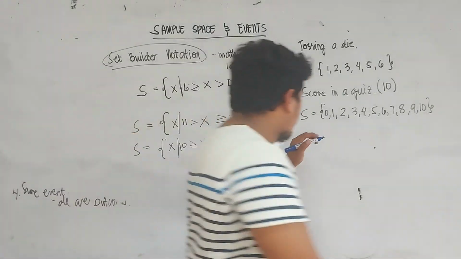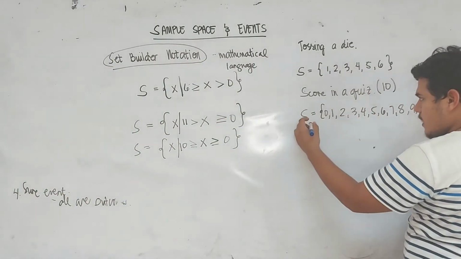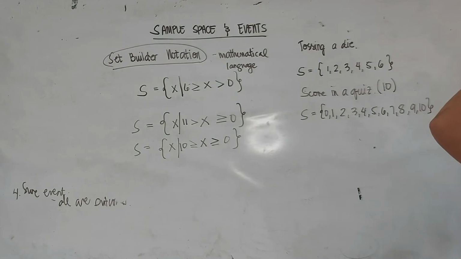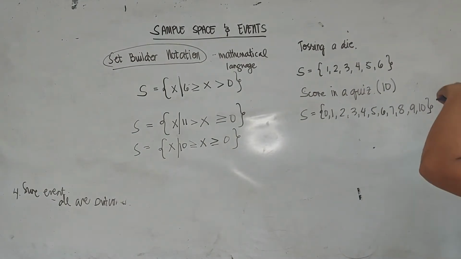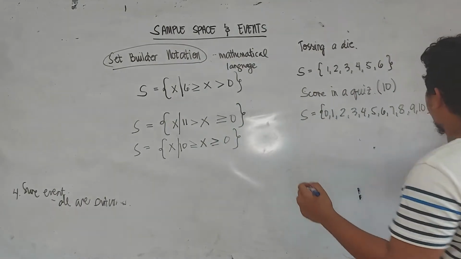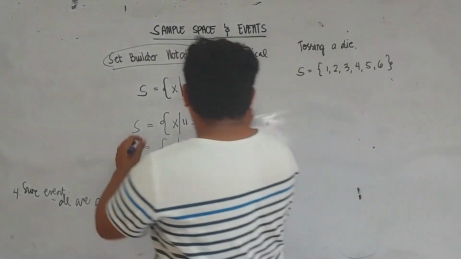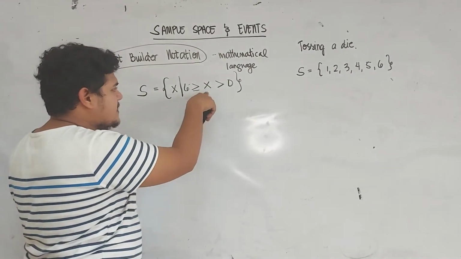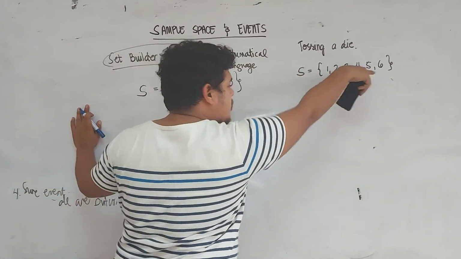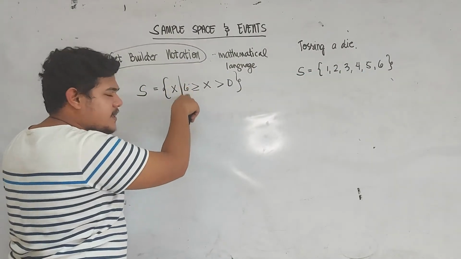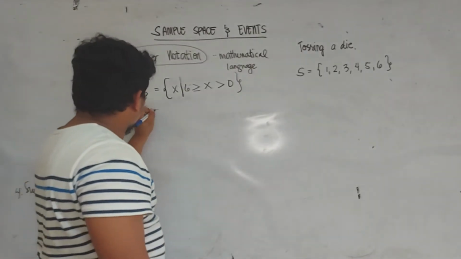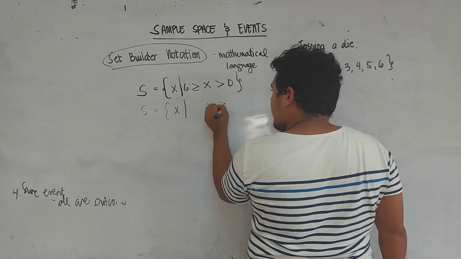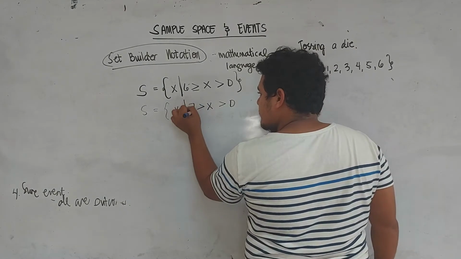Another example. Balik tayo sa tossing a die. In tossing a die, the value could be X such that X is greater than 0, kay 1 naman, but it's less than or equal to 6. Pwede pud: S is equal to X such that X is greater than 0, but it's less than 7.